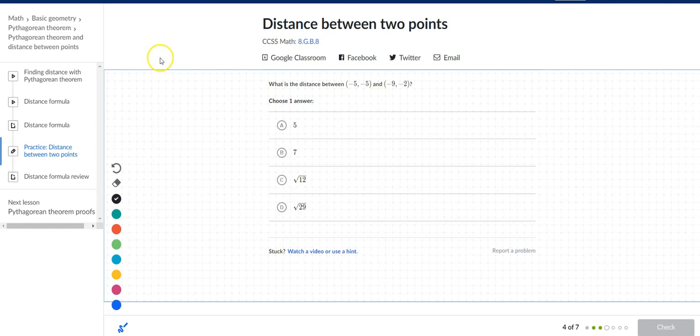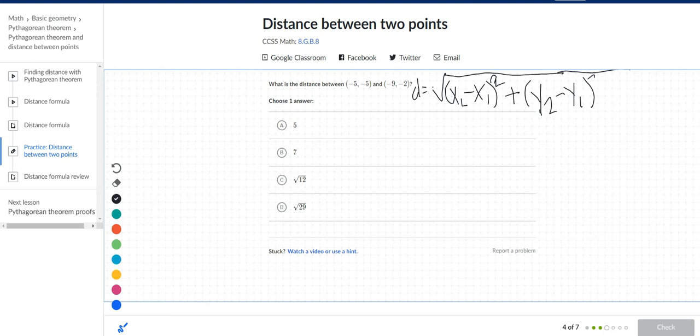So let's use what is called the distance formula. The distance formula is: distance equals the square root of x2 minus x1 squared plus y2 minus y1 squared.